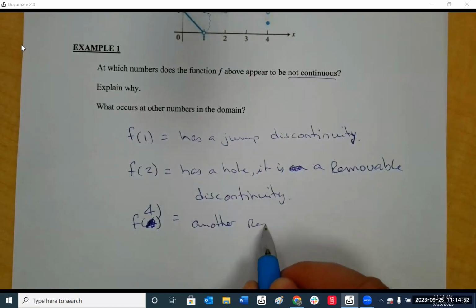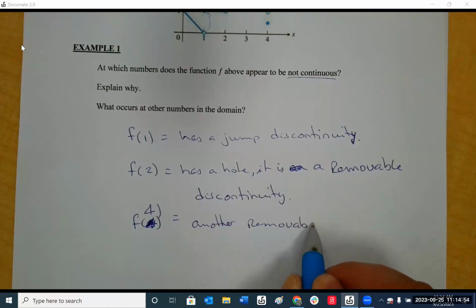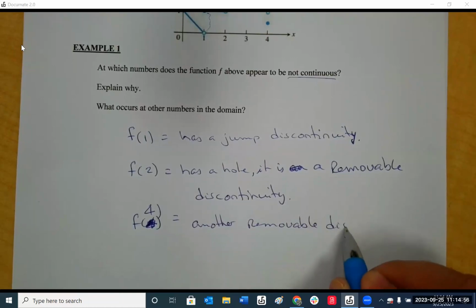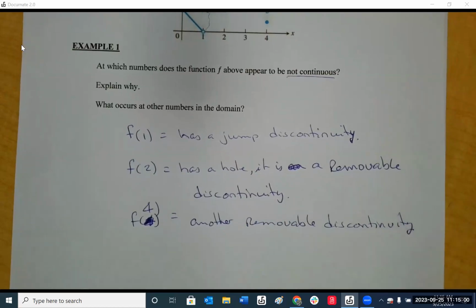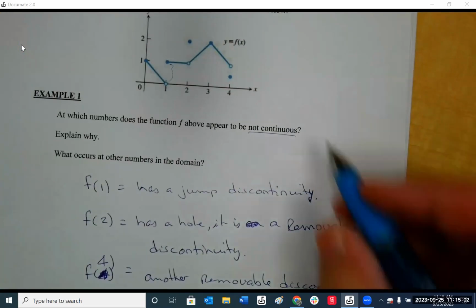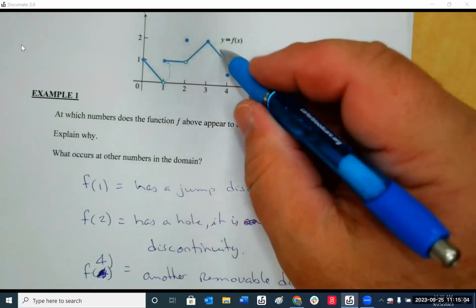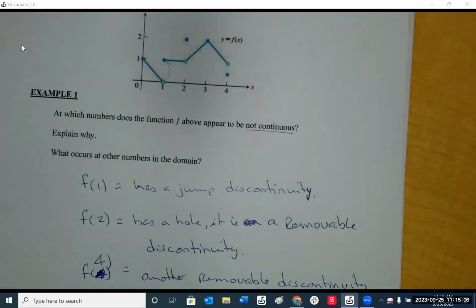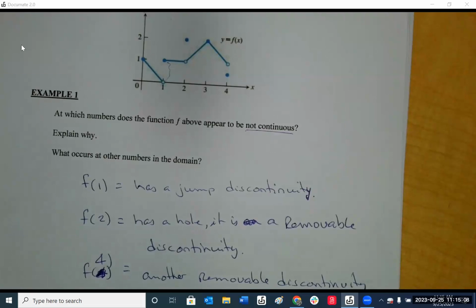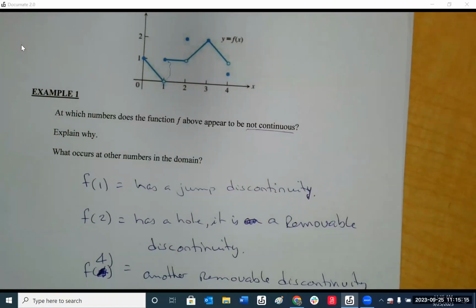Another removable discontinuity. Because it's approaching here, but we're also going to prove the reason why it's not continuous at that point, besides the obvious pen test, where you have to move it to the other side.